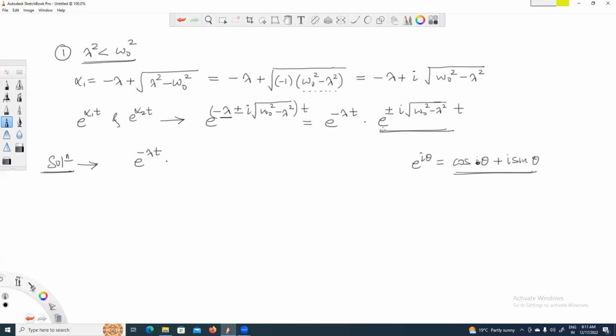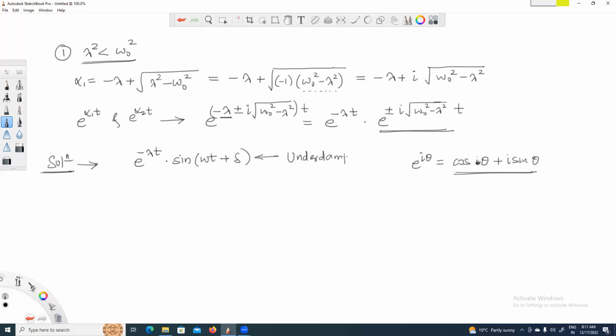So a linear combination of e raised to plus minus i theta, I can write as a linear combination of cosine and sine. In short, I can write this term as sine of some omega t plus or minus delta. And this is called underdamped oscillation.